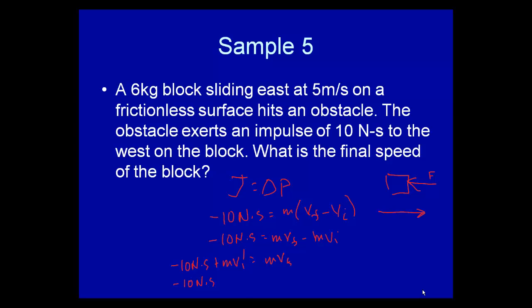Negative 10 newton seconds plus m, 6 kilograms, times 5 meters per second, which is 30 newton seconds, is equal to 6 kilograms times vf. So negative 10 plus 30 is 20, and 20 divided by 6 is 3.3 meters per second. Hope that helps.